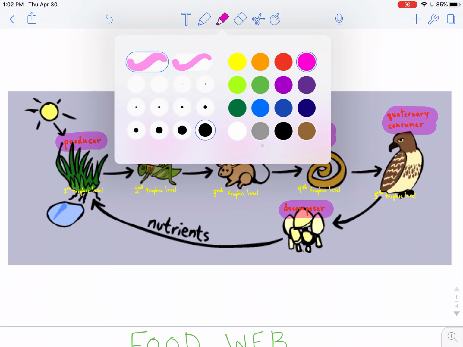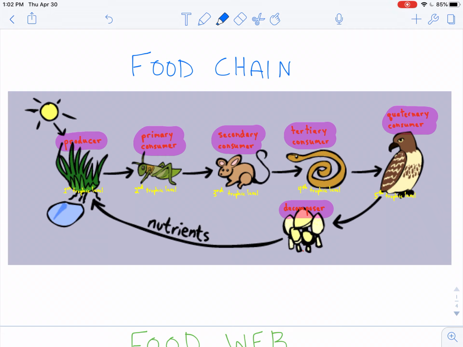All right, the next group of vocab words that you see on our screen is what I've written in yellow, below each organism. Now, again, like we said before, the producers are the first step of the food chain, and the steps of the food chain we can also call trophic levels. So the first trophic level, the second trophic level, third, fourth, fifth, and so on.